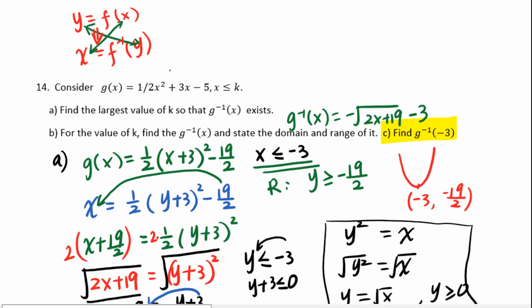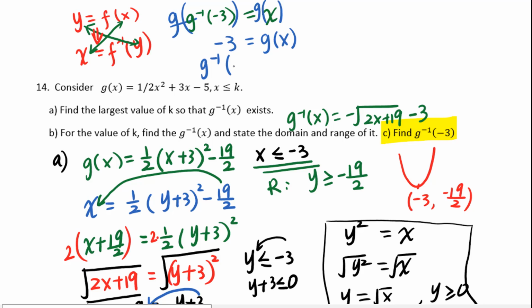Then you can apply g to both sides. This cancels, and you will get negative 3 equals g of x. Where you have inverse of g of negative 3, this negative 3 is y, not x.